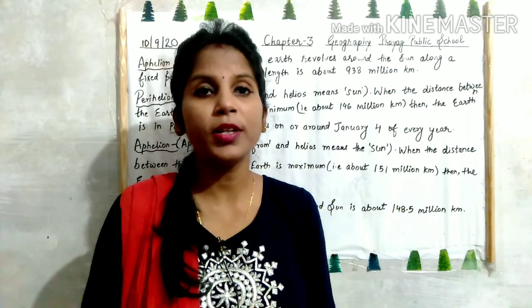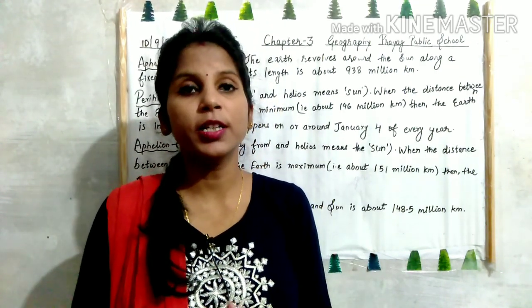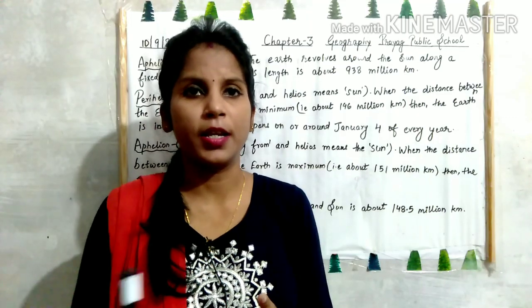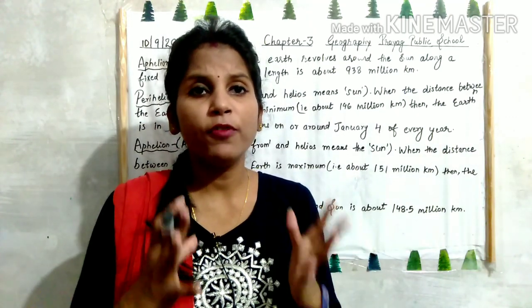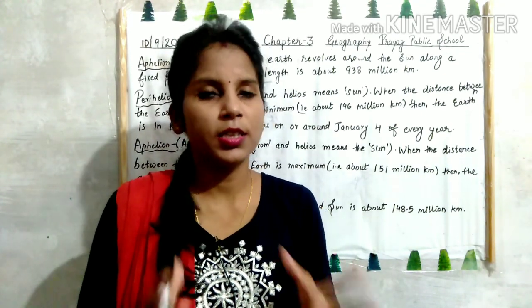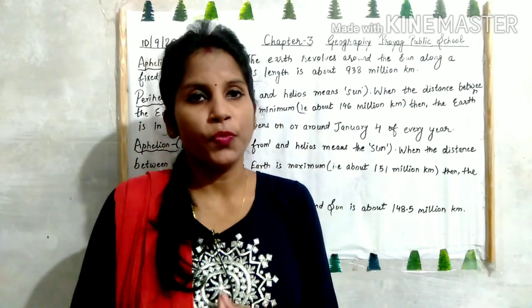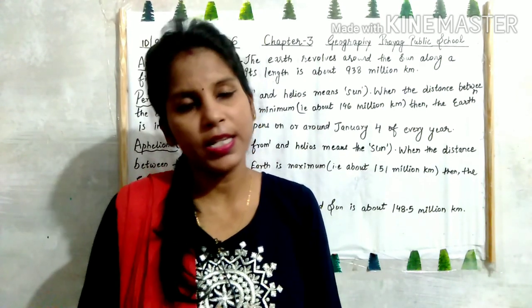Okay, now what is revolution? Revolution is the movement of the earth around the sun, and the revolution is known as the annual motion of the earth. Okay, so the revolution of the earth causes changes in seasons.